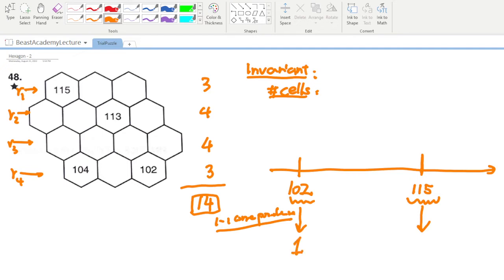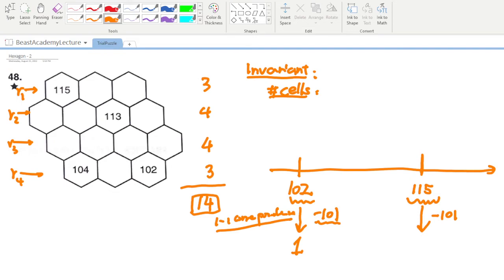So how can we convert 102 to 1? You take out 101. Do you agree with me? Yes. Then 115 becomes what? 14.